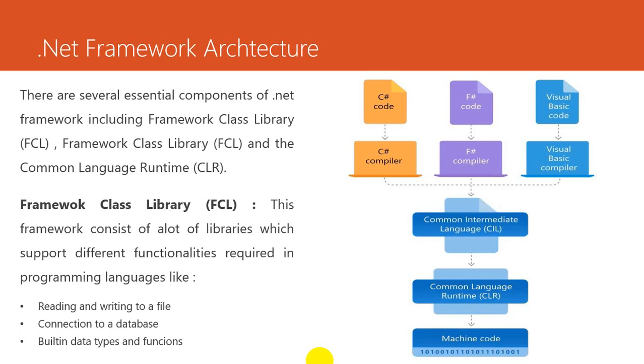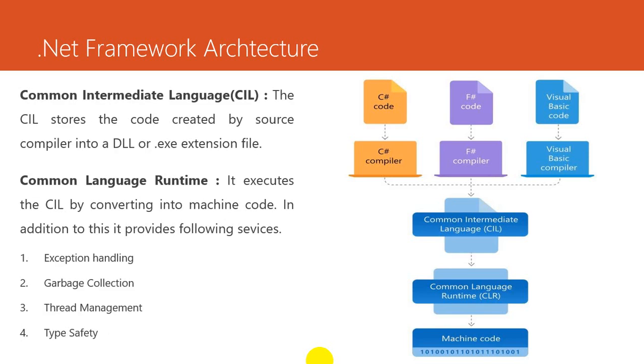Similarly, to write some text into a file, you need an input output library. There are many such built-in libraries whose functionality you can reuse in your program. Later we will demonstrate the FCL, and you will learn what it actually is.